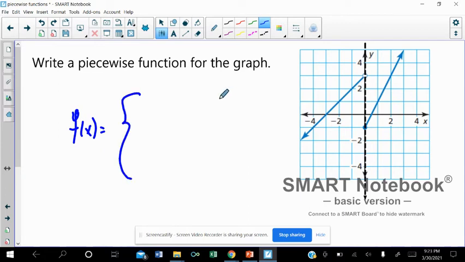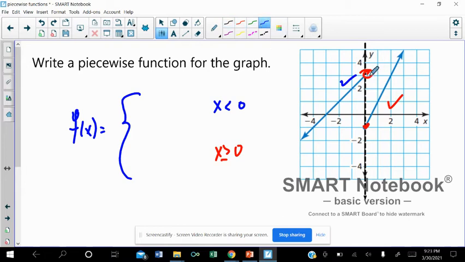This one here is x is less than 0, and then this one here in red would be x is greater than or equal to 0. Now, all I have to do is figure out what the equations are.